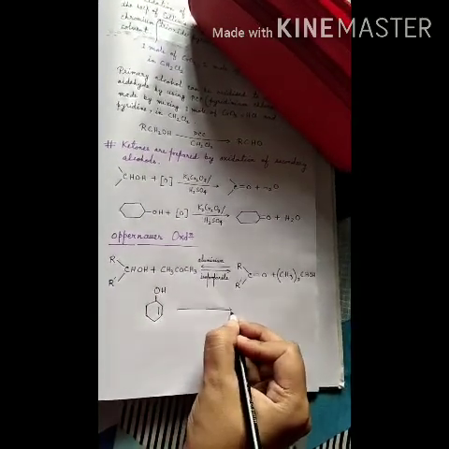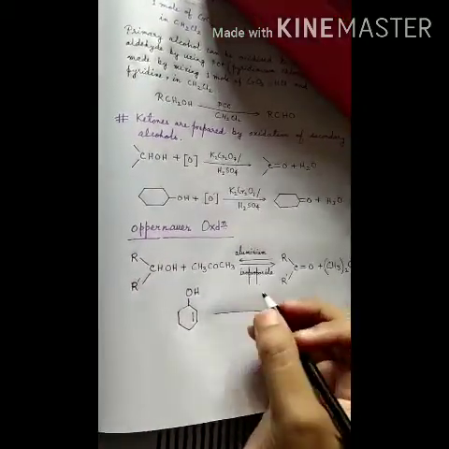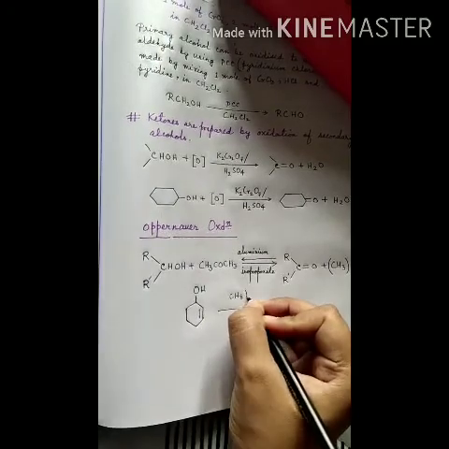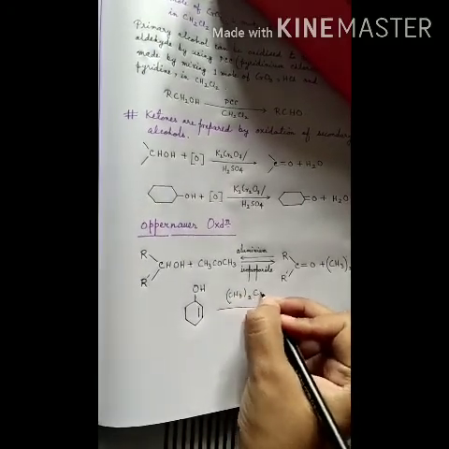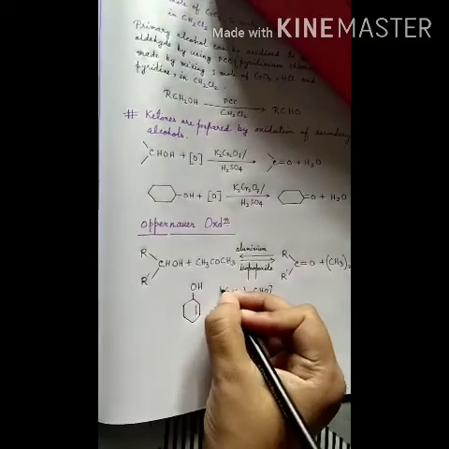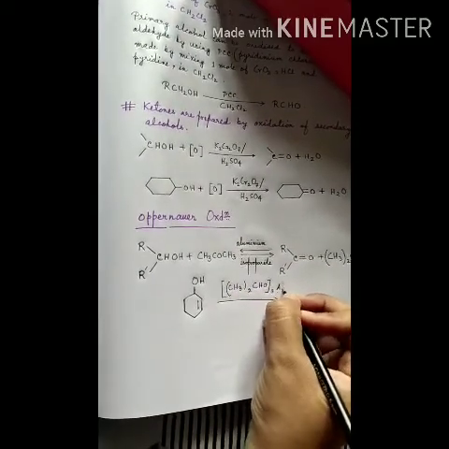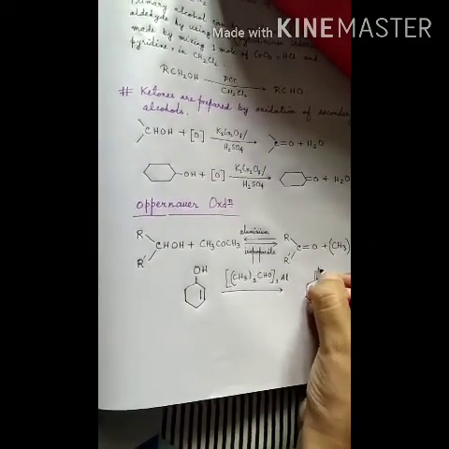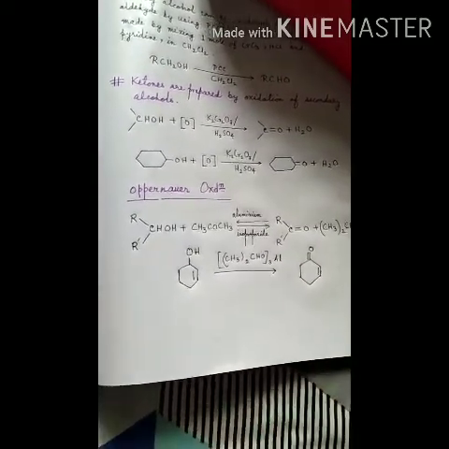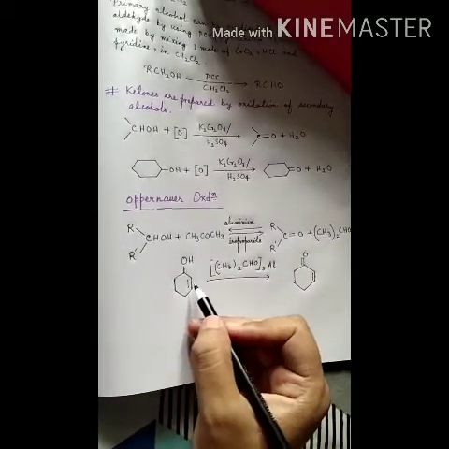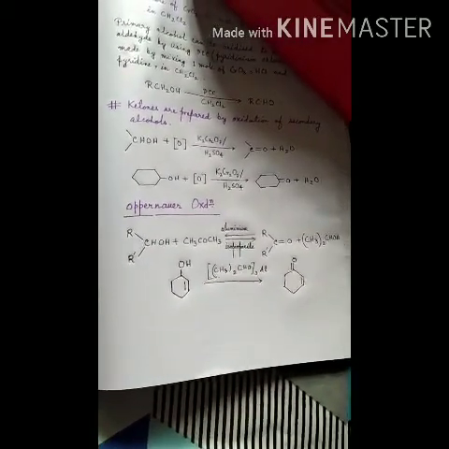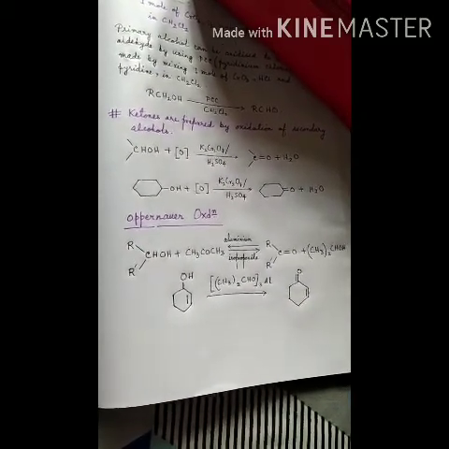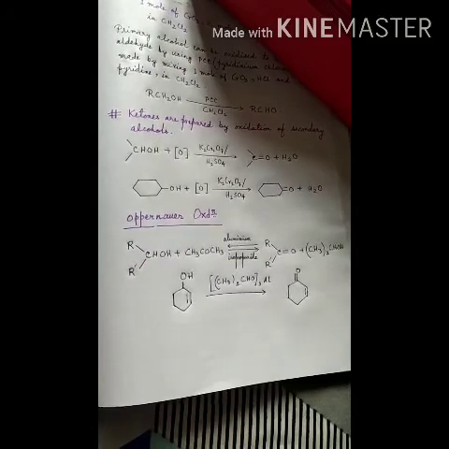Then if we do the oxidation by using this reagent, then the alcohol group, that is OH, will be converted to the ketonic group, only oxidized, and there will be no effect on the double bond. So this is the merit of Oppenauer oxidation, which selectively oxidizes only a hydroxyl group even in the presence of a carbon-carbon double bond.